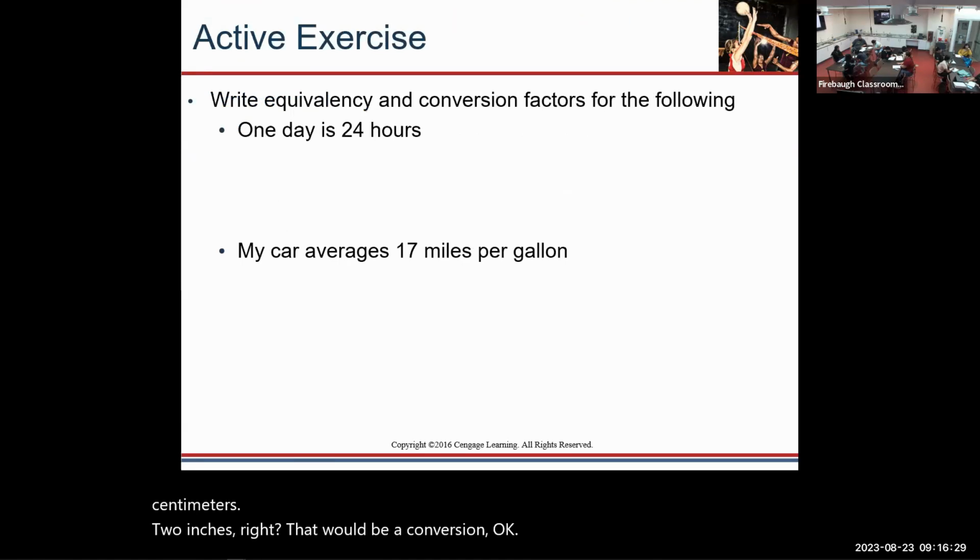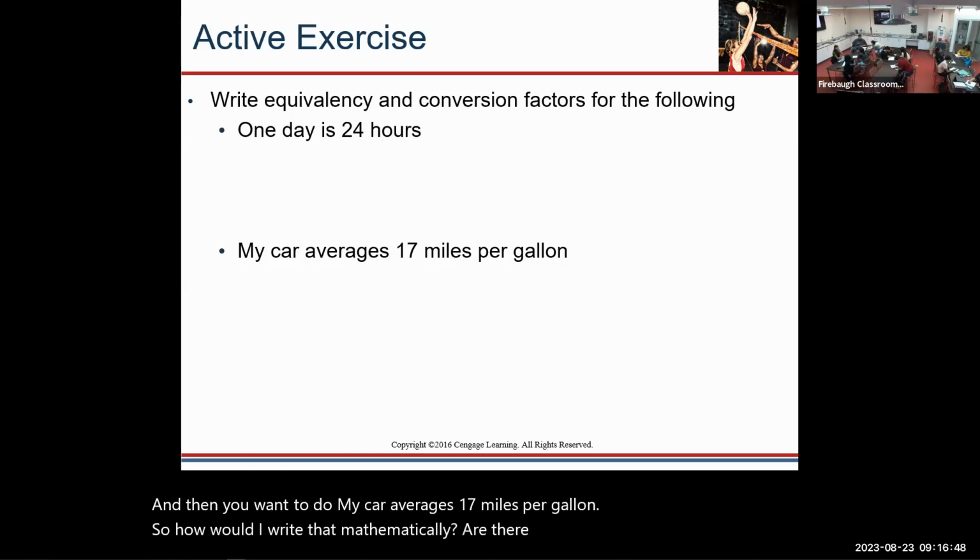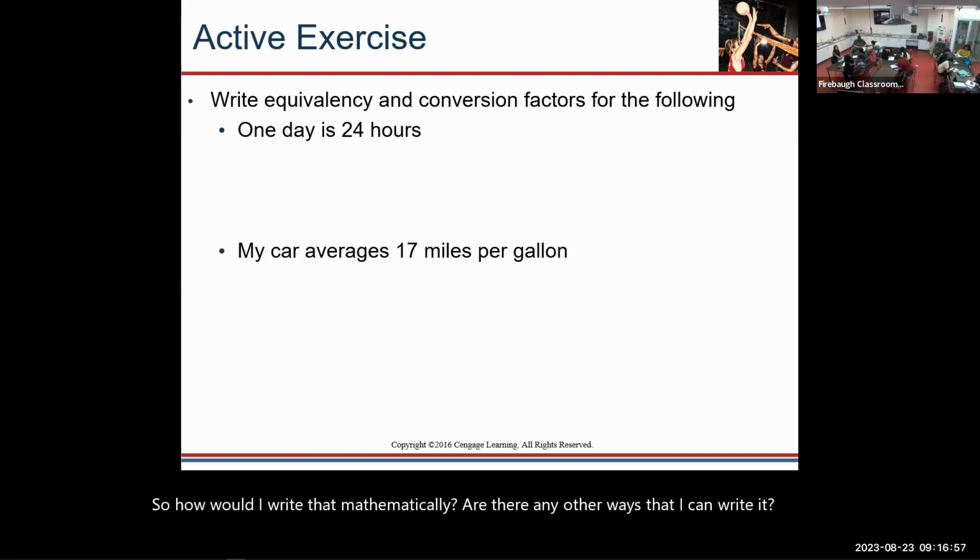Okay, so write the equivalency and conversion factors for 1 day is 24 hours, and then my car averages 17 miles per gallon. So how would I write that mathematically? Are there any other ways that I can write it?